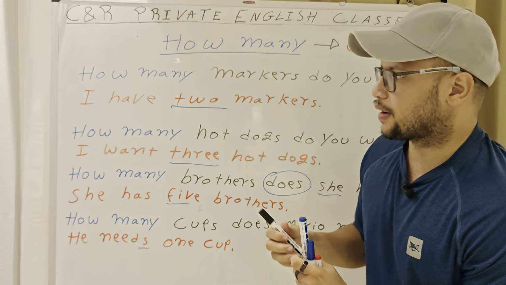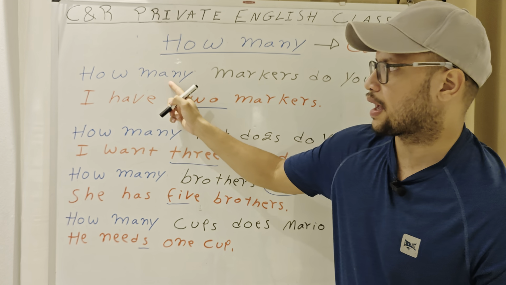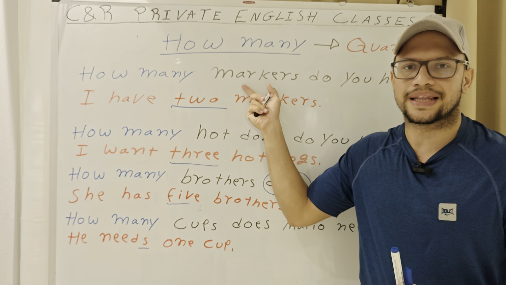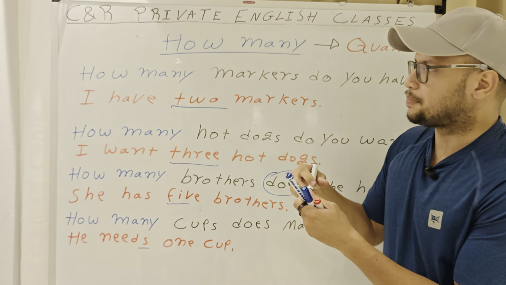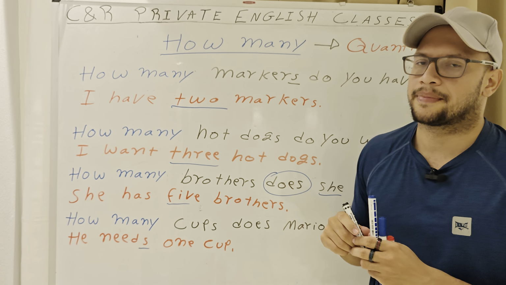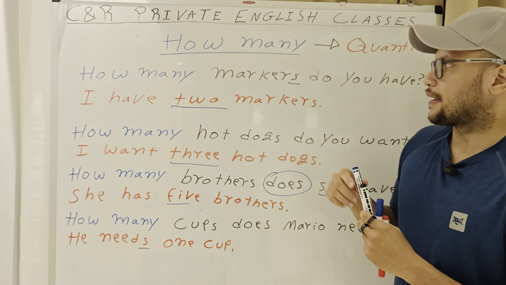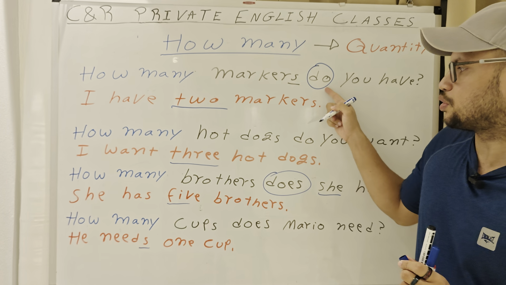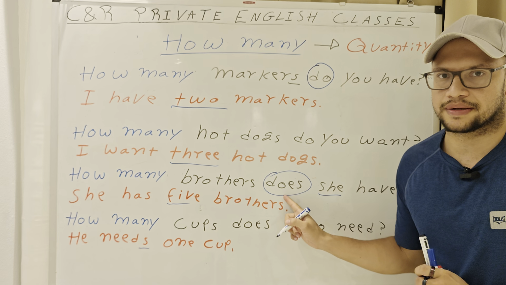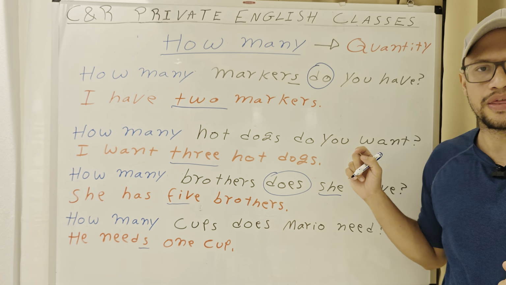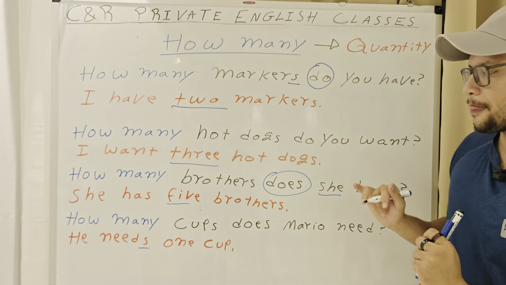Notice over here that you have how many. You have the object that you are talking about in plural, with letter S. Then you have the auxiliary. The auxiliary can be do or it can be does, depending if you have she, you, I, they, we, you know.